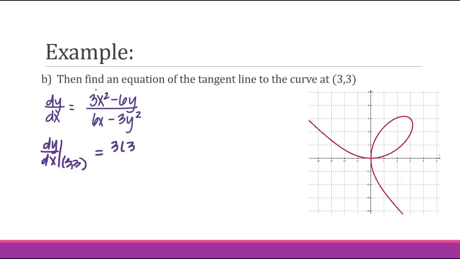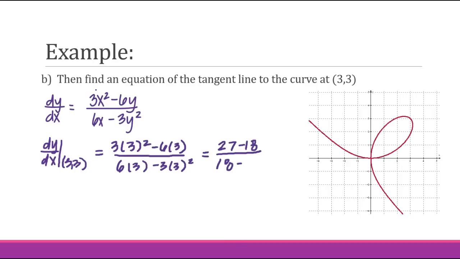If we plug a 3 into each variable here for x and y, we are going to end up with 27 minus 18 over 18 minus 27, or 9 over negative 9. So we have a numerical slope of negative 1.